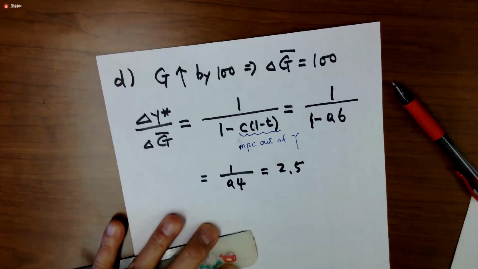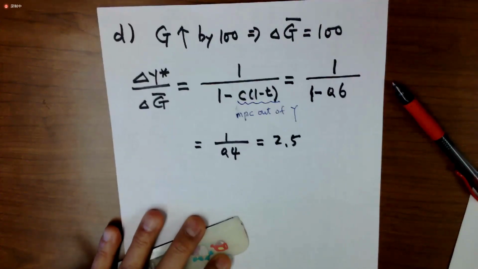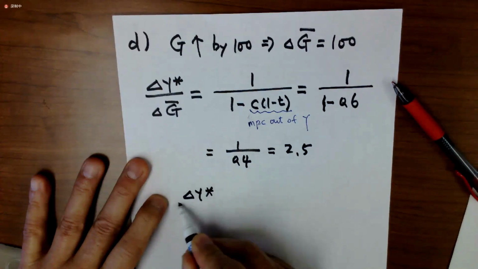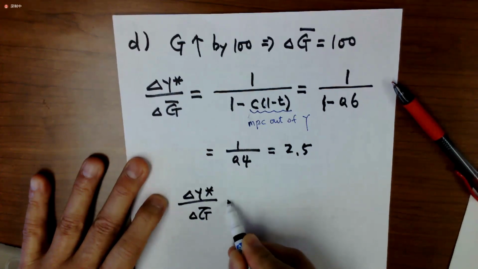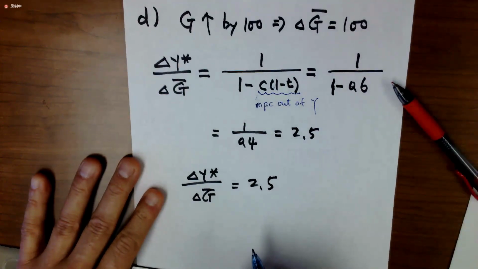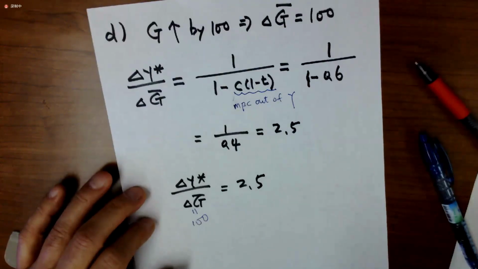Therefore, this is equal to 2.5. Agree? So the government spending multiplier is equal to 2.5. And I also tell you the increase in government spending is 100.